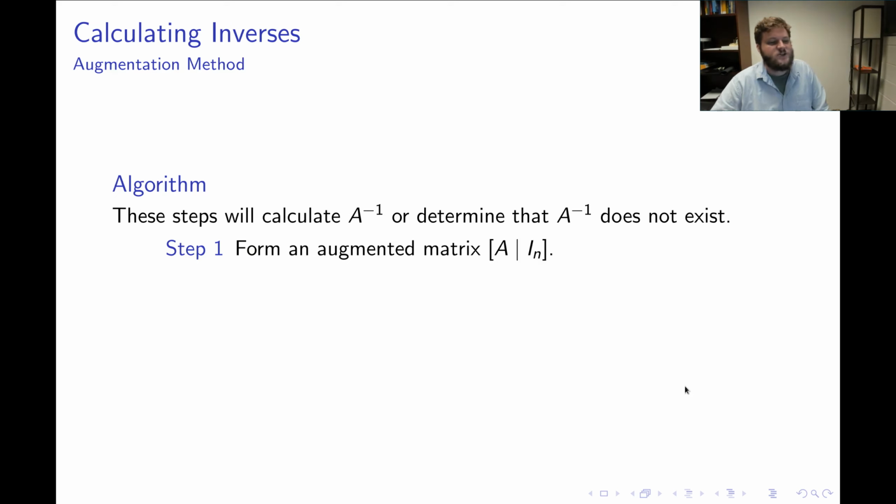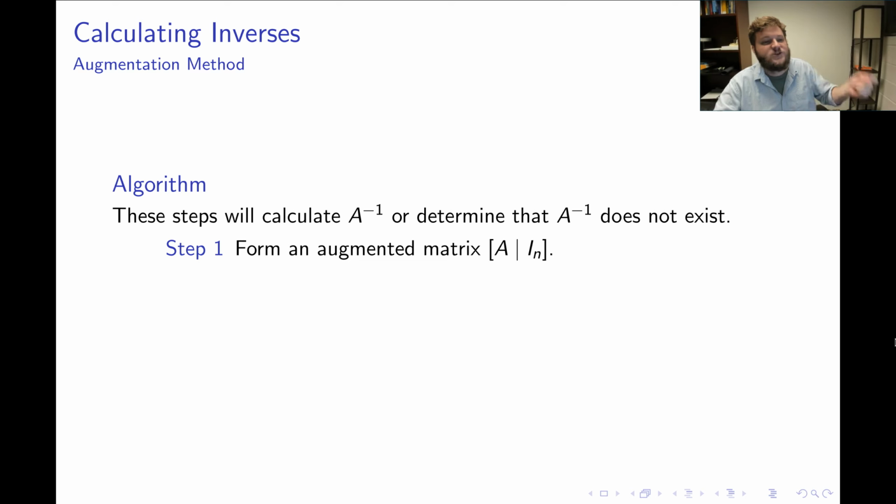Okay, so that's all well and good. I have these properties of inverses, but where do inverses come from? Well, let's address this issue now. The underlying idea here is that if I want to find a matrix inverse, I'm trying to solve the matrix equation A times an unknown matrix X equals the identity matrix.